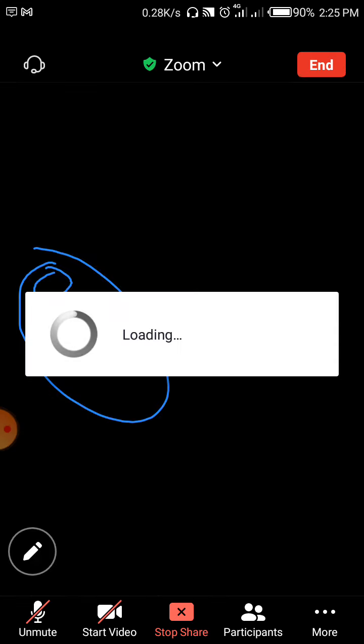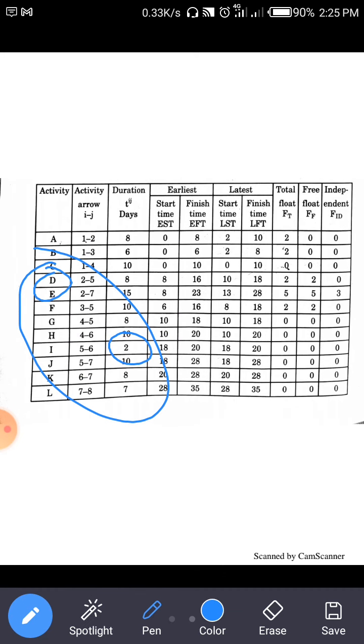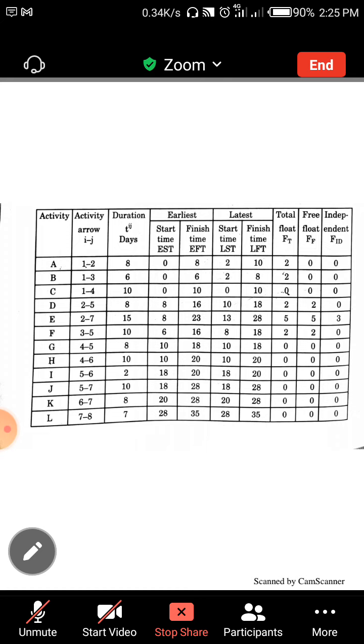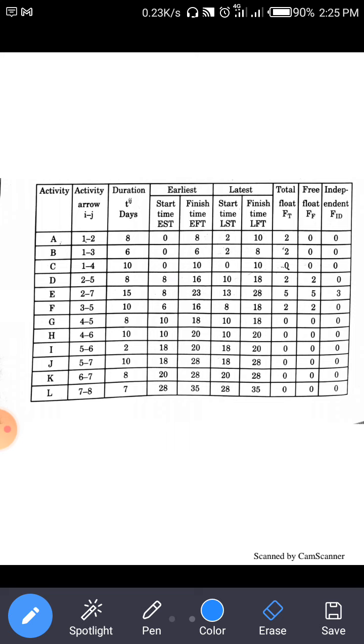So same we write it here, earliest starting time 0 and earliest finish time 10. Okay. So similarly all the activities, from 1 to 2 through 7 to 8, we write the earliest starting time and earliest finish time in both columns.